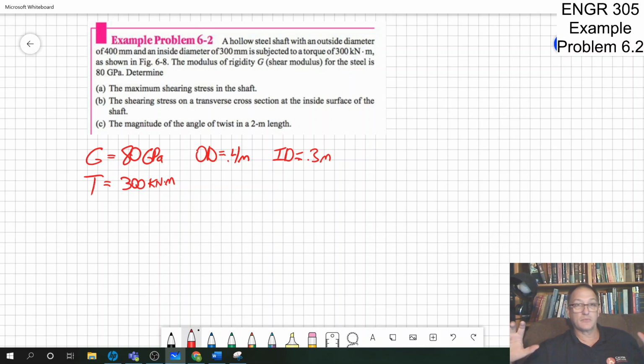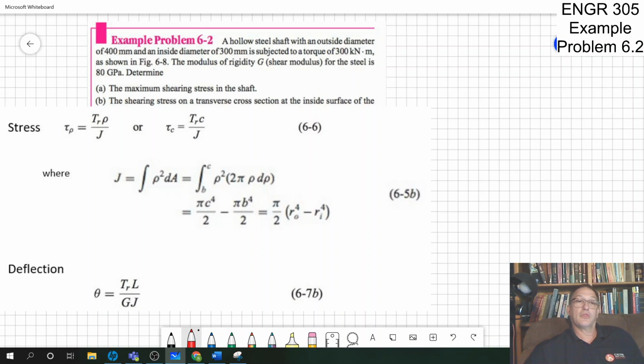Let's not even go look at the figure. We have a system where we're twisting it, and I've got a torque, diameters, geometry, and a material. Is that enough to fill out our equation? Sure.